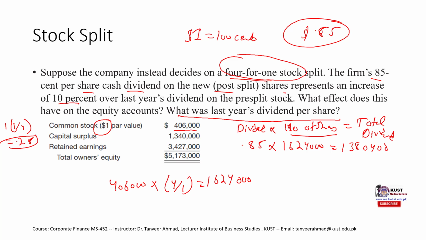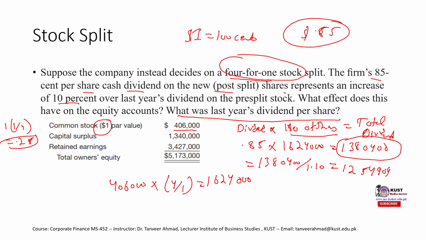The question is what the last year's dividend per share was. So if the total dividend today is this much, and this was a 10% increase as compared to the previous year, we need to adjust for that increase. So previous year's dividend would be this much. But this is the total previous year dividend.